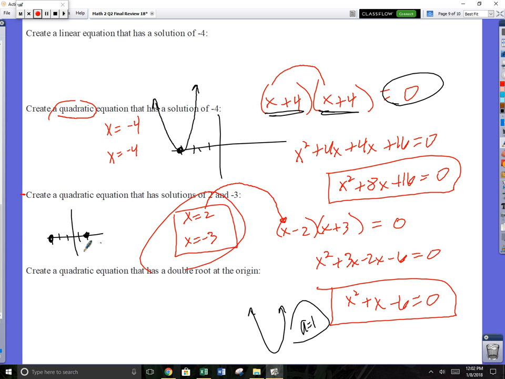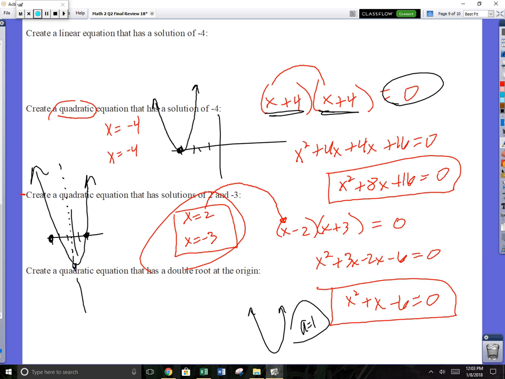We know the vertex has to be halfway between 2 and negative 3. So your vertex is in between 0 and negative 1, so kind of halfway at negative 0.5. So somewhere there. And we're going to learn how to find the vertex of that later. But your parabola would look something like that maybe.